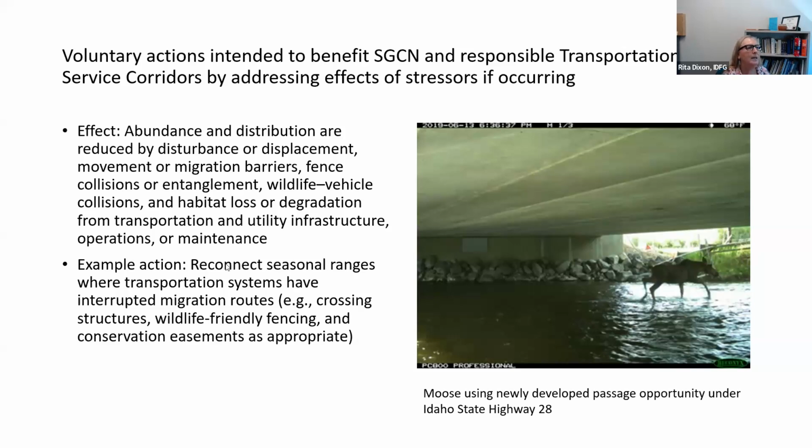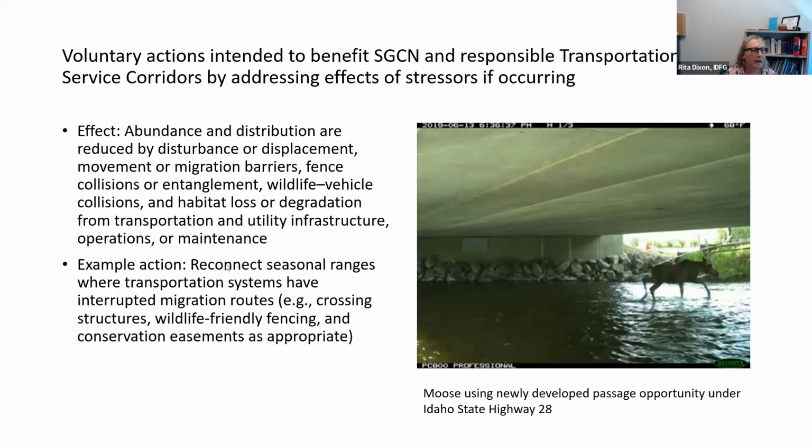So for example, abundance and distribution can be reduced by disturbance or displacement, movement or migration barriers, fence collisions or entanglement, wildlife vehicle collisions, habitat loss or degradation from transportation and utility infrastructure operations or maintenance.